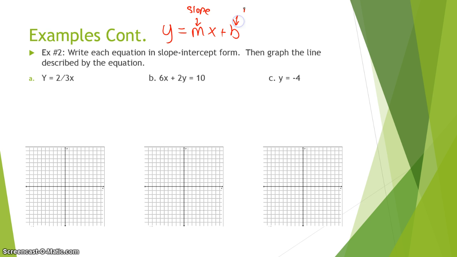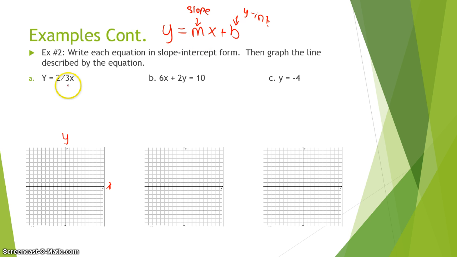B is my y-intercept. I don't know if you remember from the first slide, but I mentioned the y-intercept, your b, is where your linear line is going to cross the y-axis. You have your x-axis going left and right, you have your y-axis going up and down, and once you have a point on the y-axis, you can then graph your slope based on rise over run.